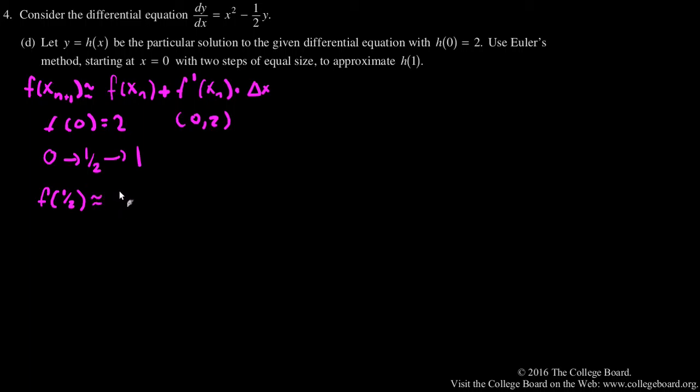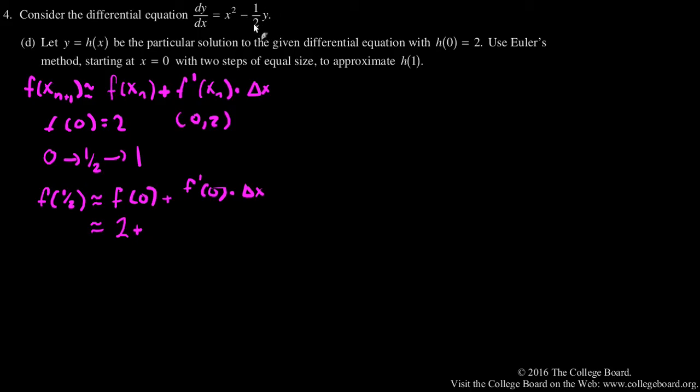And that's going to be approximately what f of 0 was plus f prime of 0 times the change in x. Well, f of 0, we're told, is 2. F prime of 0, well, I put (0, 2) into this. 0 squared is 0.